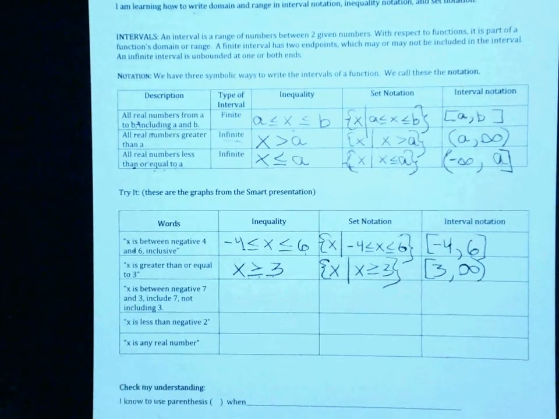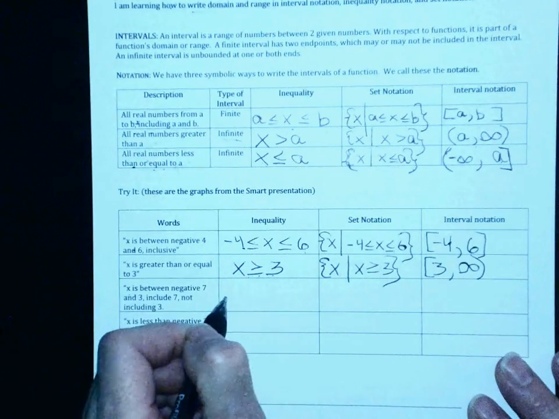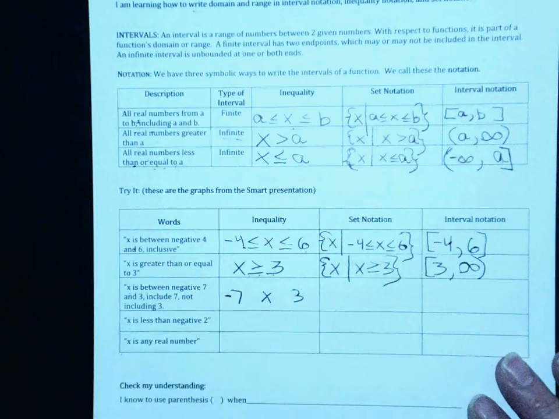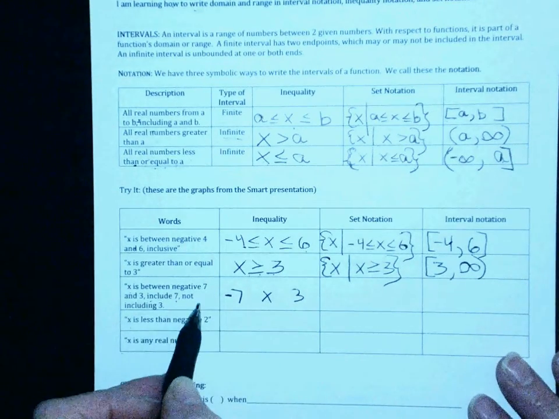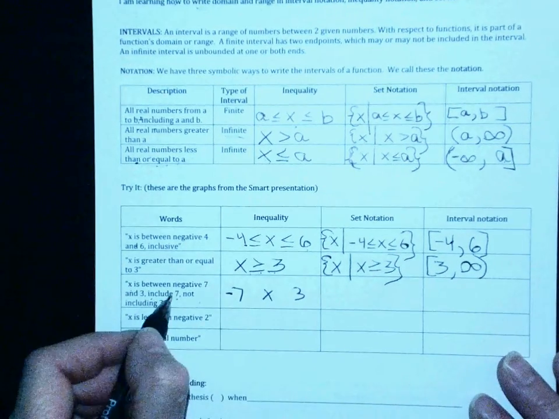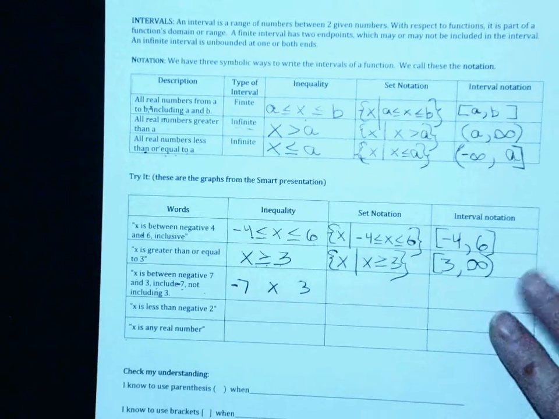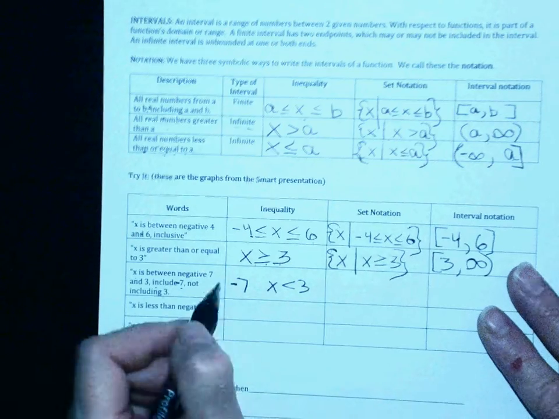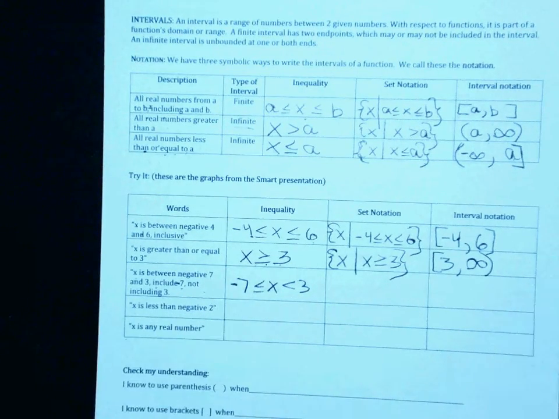Next one, x is between -7 and 3, so here's -7. There's 3, x in the middle. Include -7, not including 3. So we're not including that one, so it's just a less than, but we're including the -7, so it's less than or equal to.